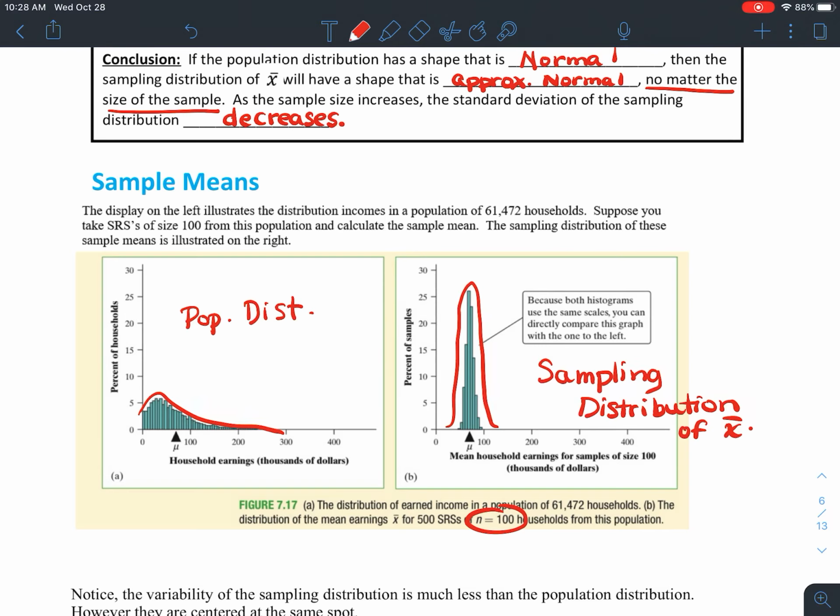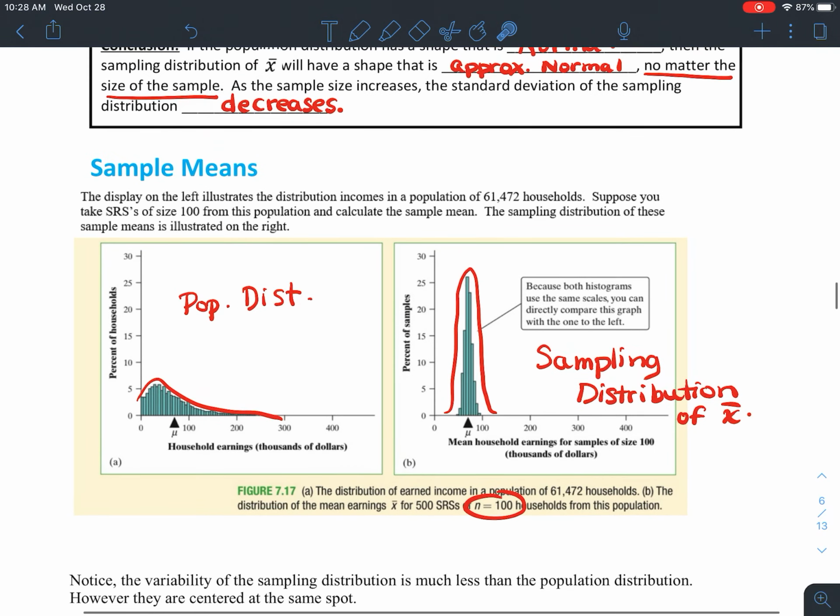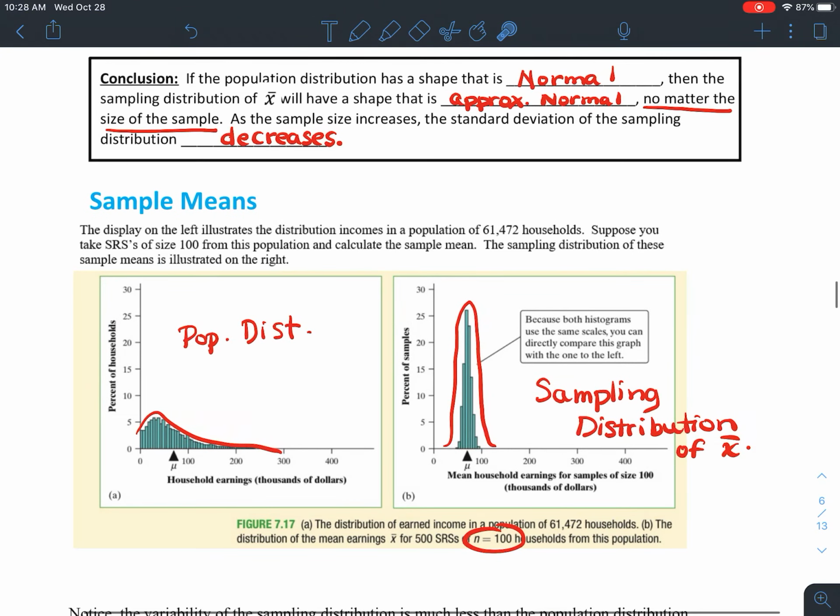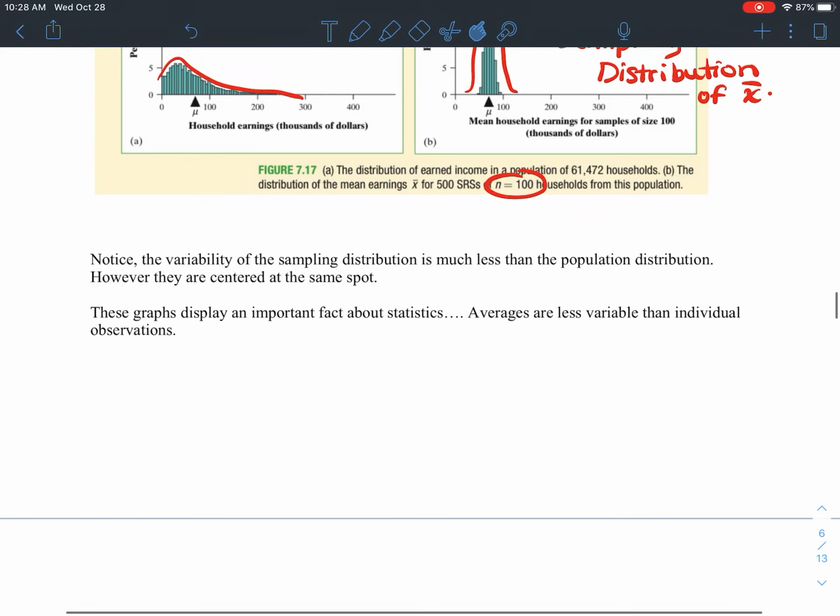This is something that we looked at in our other activity, where the shape of your population distribution doesn't have to be normal. It can actually have a skew, but then when you go to do the sampling distribution it is going to come out approximately normal, provided you've got a nice large sample size.